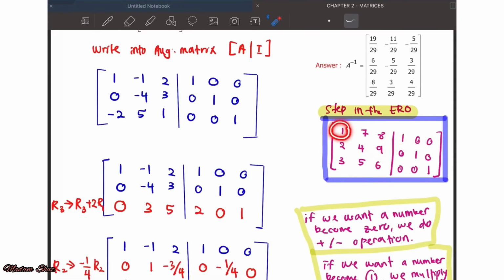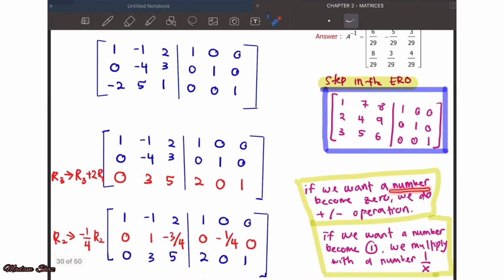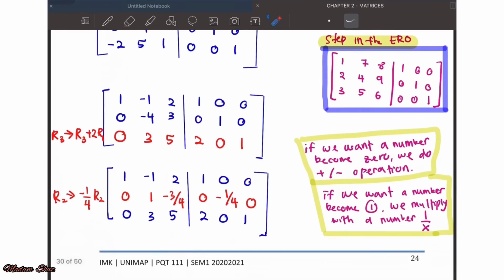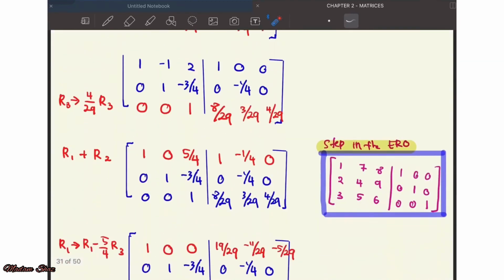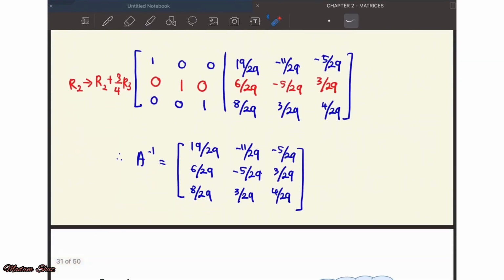Continue from step 1 until step 9. If we want to change a number to 0, we apply a plus or minus operation. If you want to make a number become 1, you have to multiply the number by 1 over x. That is the summary for the ERO method.